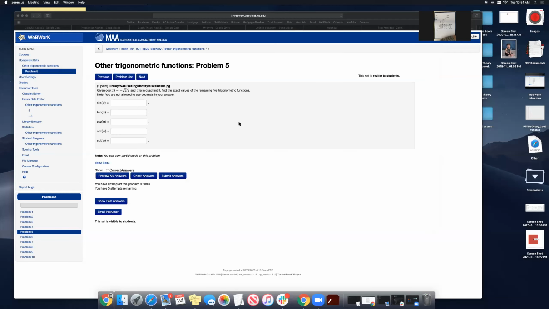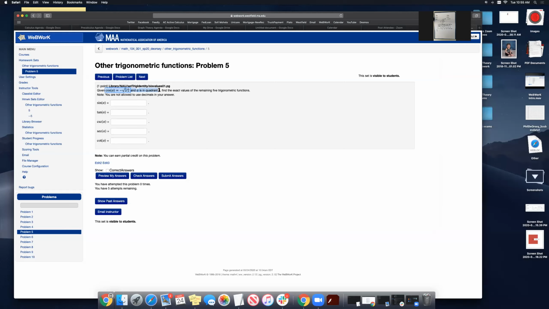So like this question right here. All right, so given that cosine of alpha is negative root 2 over 2 and alpha is in quadrant 2, find the exact value of the remaining 5 trigonometric functions. Okay, so let's try this out. I'm not going to do all of them, but we'll see some things.